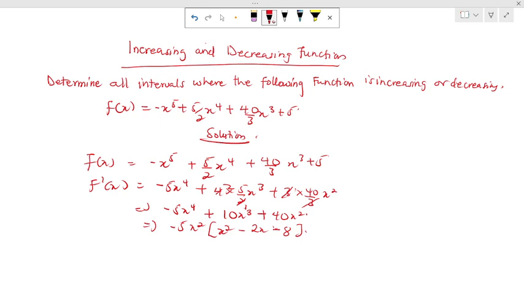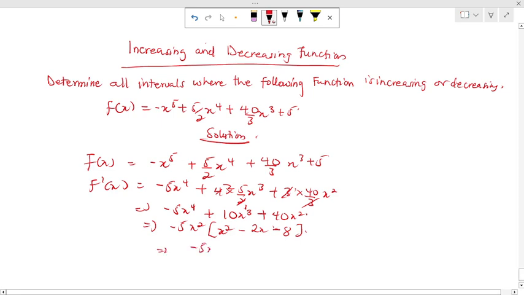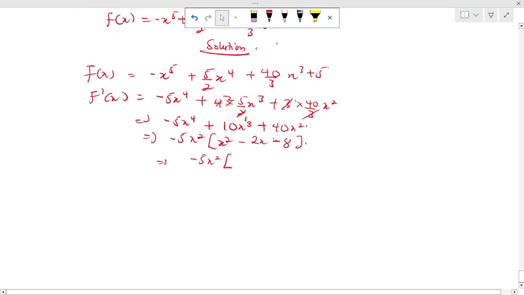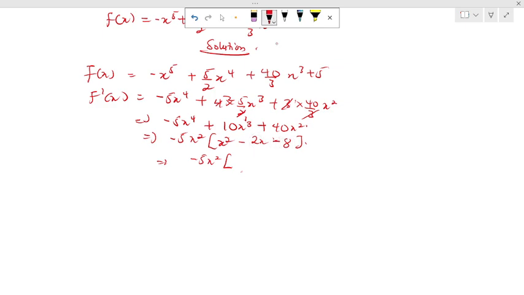So at this point, I have negative 5x squared, then you have to expand what you have inside here. What are the factors of negative 8 that, when you add, give negative 2? Remember, you can have negative 4 and 2.